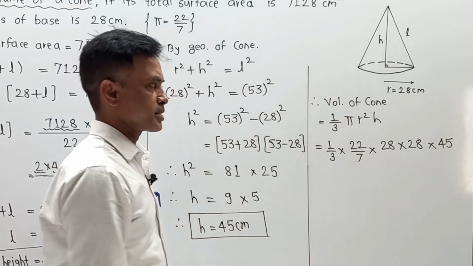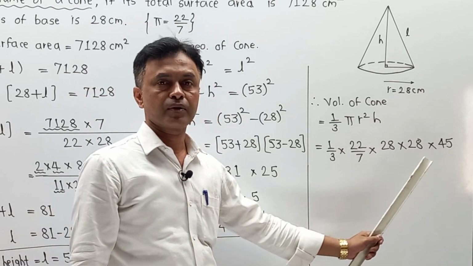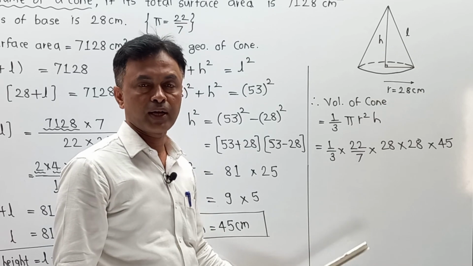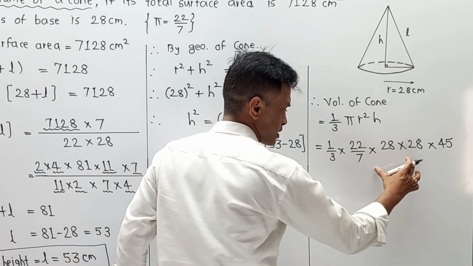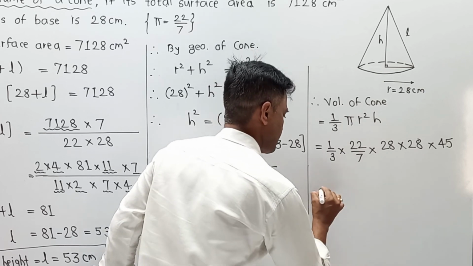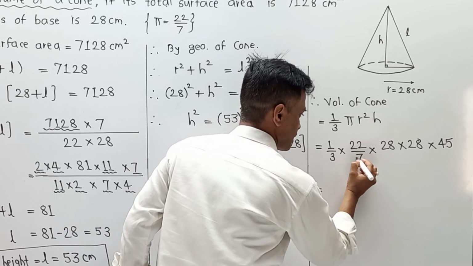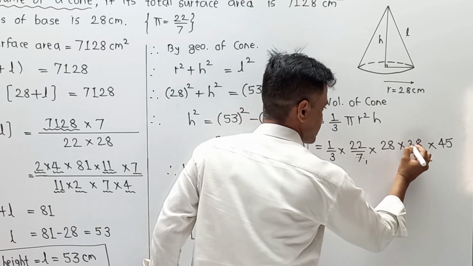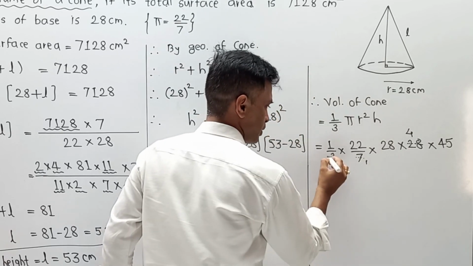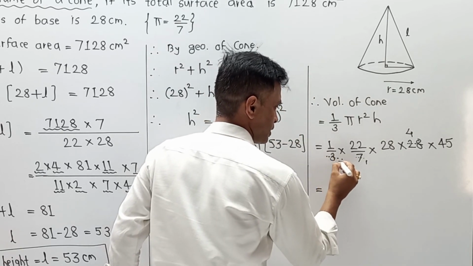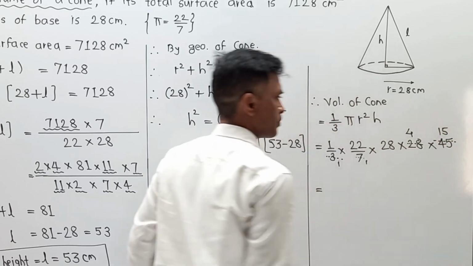Now the next part is simplification, for our final answer. One by one, either you can do the calculation here itself, or you can write the answer directly, but I am going to do the needful simplification. Here 7 ones are 7, 7 fours are 28. Now 3 ones are 3 and 3 15s are 45.